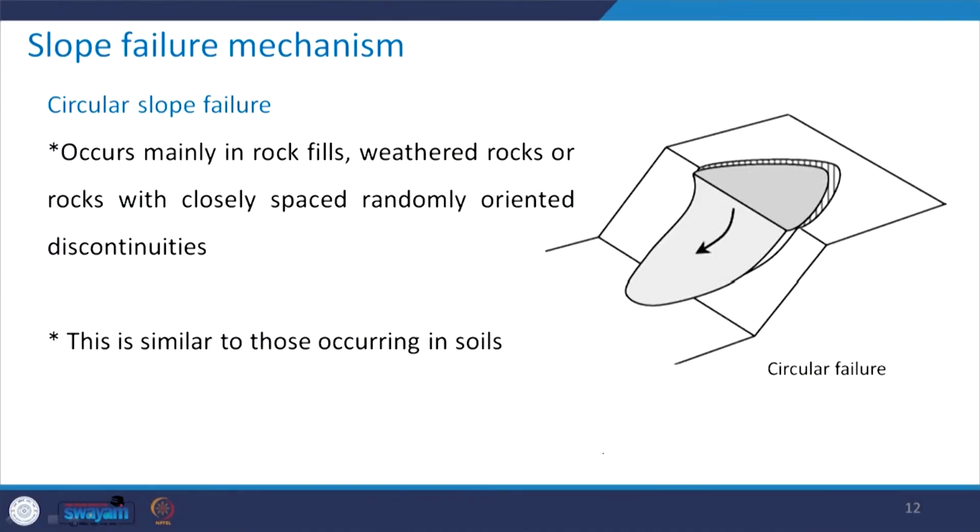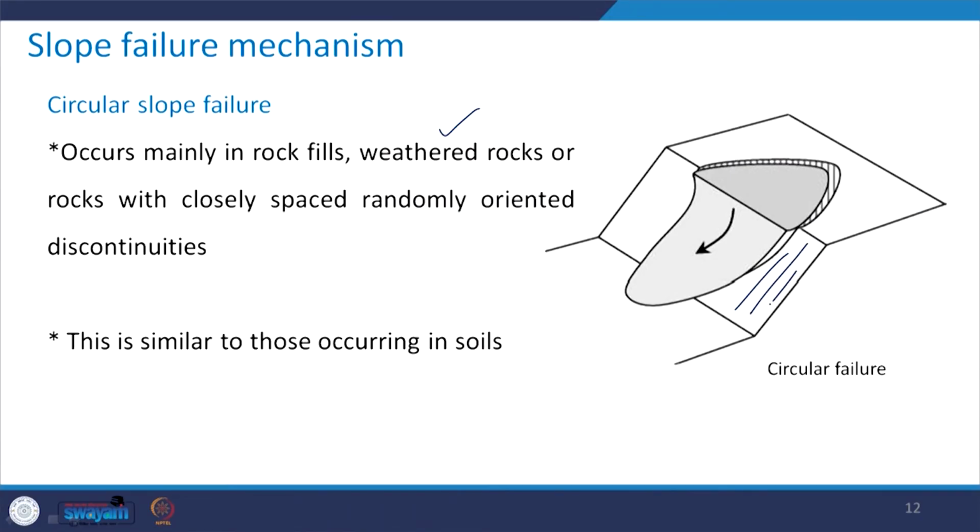Now, the next type of failure which can occur in the case of a slope is the circular failure, which occurs mainly in rock fills and weathered rocks, or rocks with closely spaced, randomly oriented discontinuities, and this is very similar to that which occurs in soil.